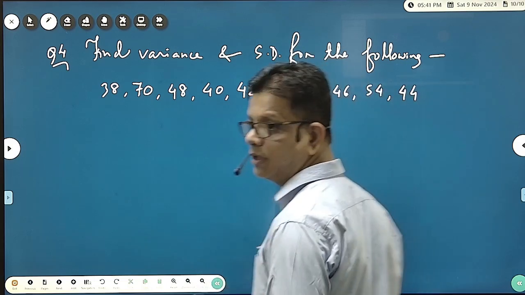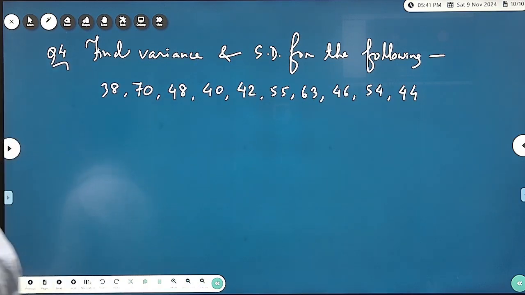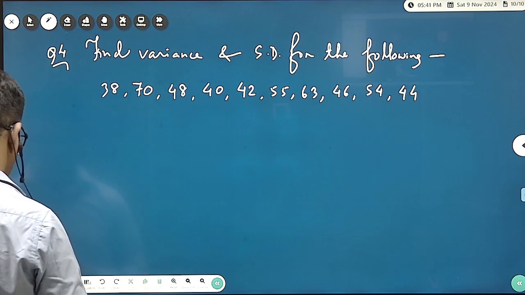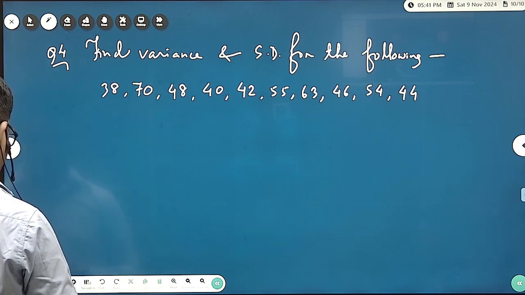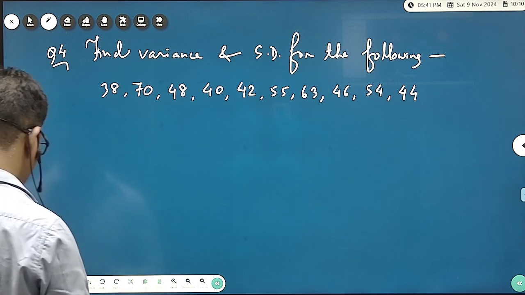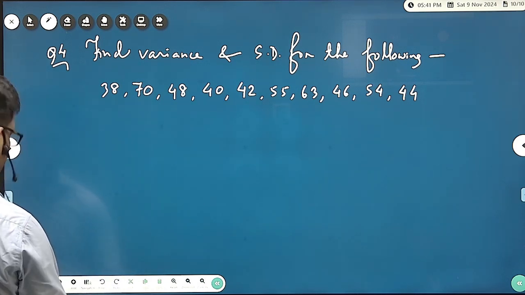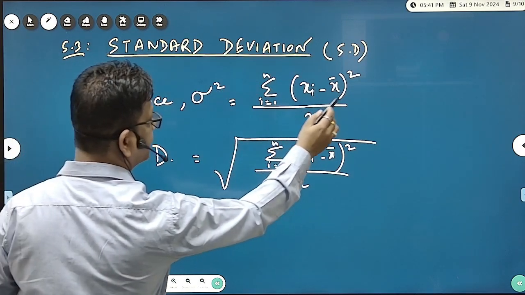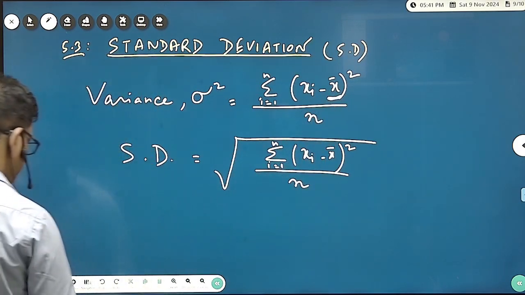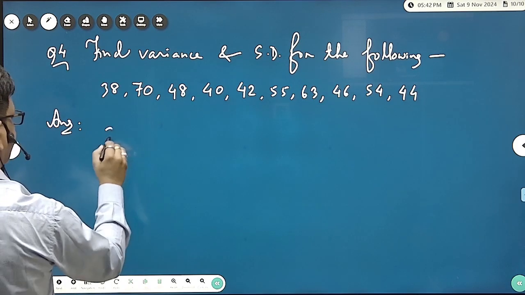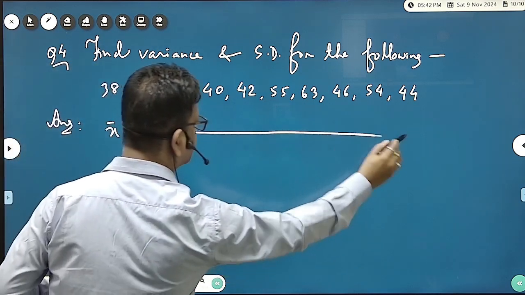As you know, arranging the data in ascending order is immaterial for mean, and here we don't have the concept of median, directly mean only. Start. Look at the formula once. What do we need to find first of all? X bar. Okay, X bar means what you have to do? Sum all the numbers.